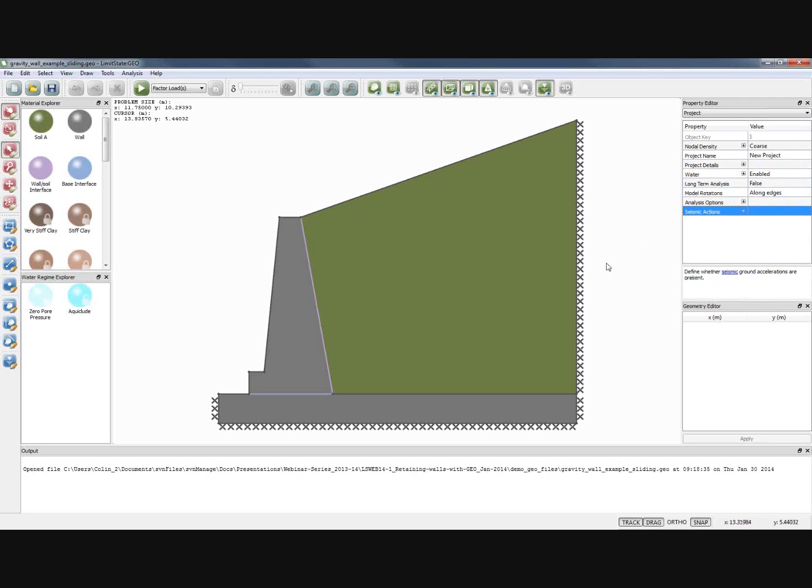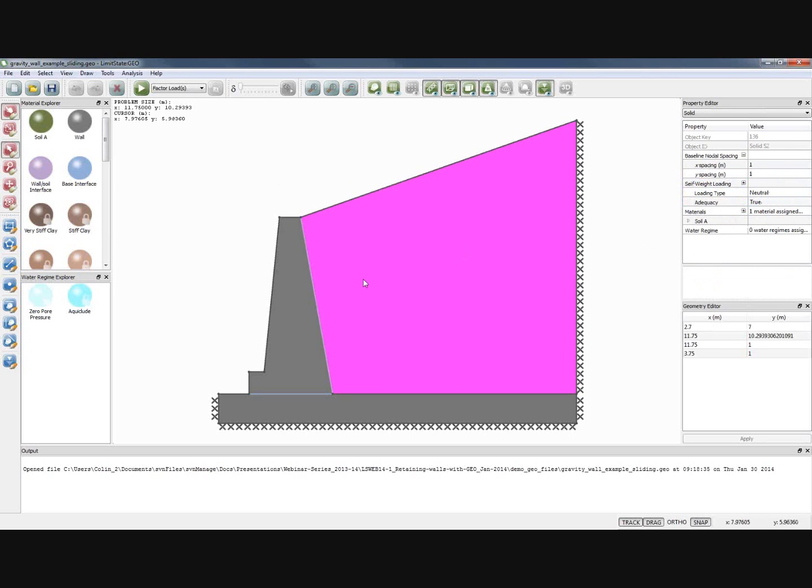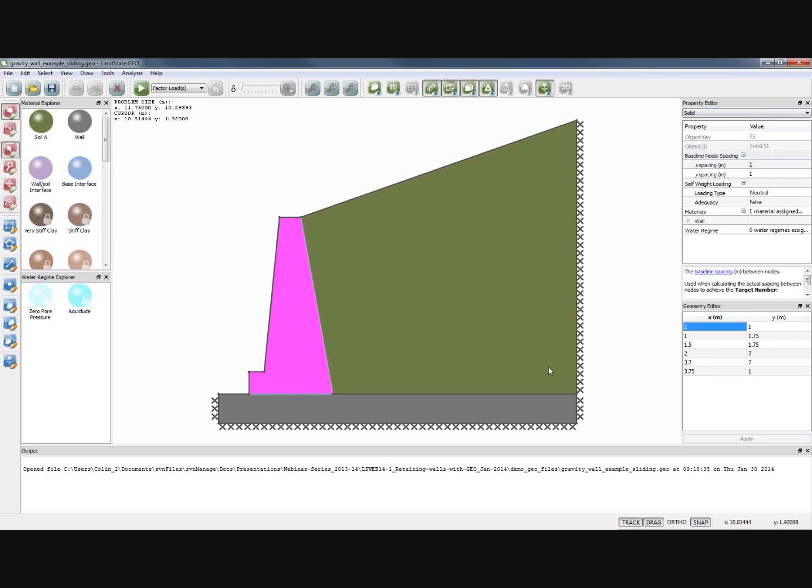So it's very mouse driven. If I click on this object here, its properties appear in this property editor. That's a solid and it has certain properties in it, and it also has a geometry, and the geometry is displayed there. If I click on this wall, its properties appear up here and the geometry appears down here.